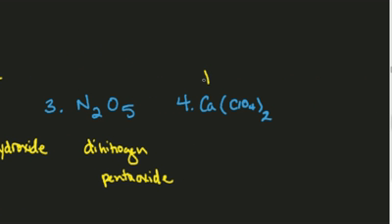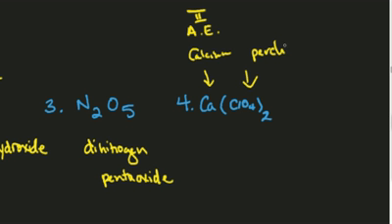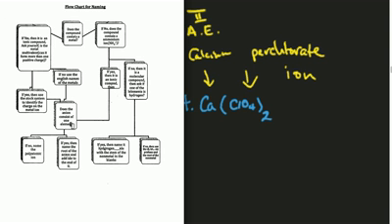This one is calcium, which is also an alkali earth metal, in group 2, and this is the perchlorate ion. So if we were following the flow chart, what you would do is you would say, okay, does it have a metal? Yes, it does.